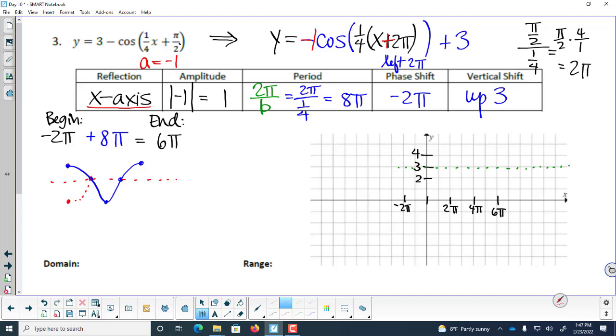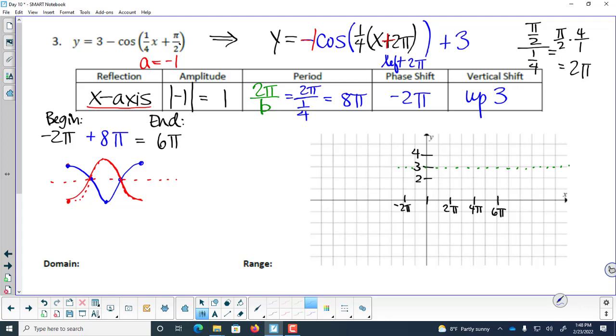Now, if you feel better about drawing this one lightly or dashed, and then you want to reflect it, I'm okay with that. I just like to do it all in one swoop. So this is what we want, the red one.